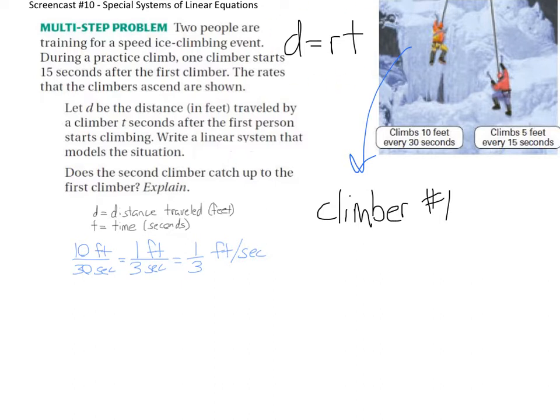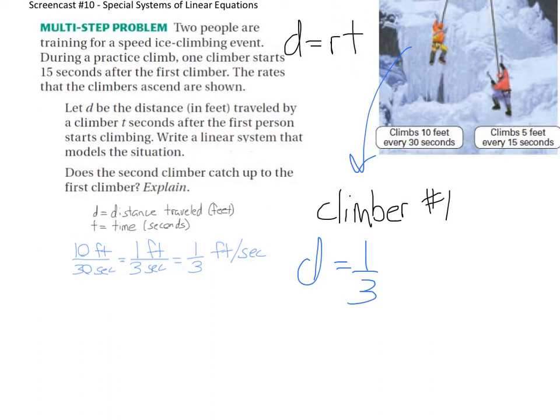We are going to create two formulas. One, d equals rt for climber 1, and another d equals rt for climber 2, which we'll do in just a moment. Now we're focusing just on climber 1. We don't know the climber's distance. That's what we're trying to figure out. So the equation for climber 1 is going to be d equals his rate, which we just calculated as 1/3, multiplied by t, the time, which again is completely unknown.